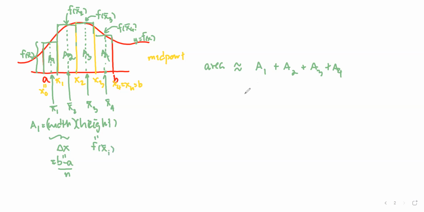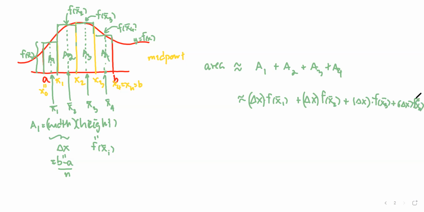So for A1, it's going to be delta x as the width multiplied by the height, which is the function at the first midpoint, and the same way for the rest of them. So I put a parenthesis here, f of x2 bar plus delta x as the width multiplied by the function at x3 bar, and then the last one, delta x multiplied by f at x4 bar.